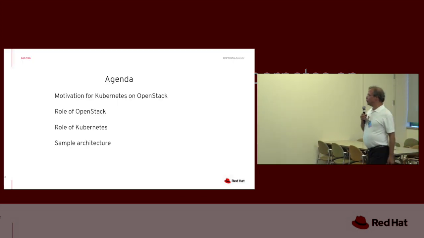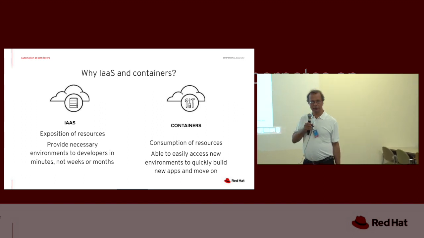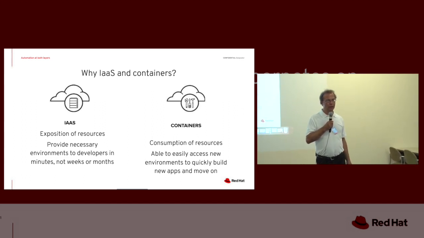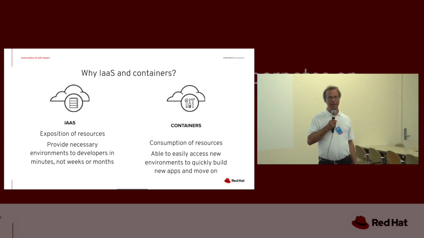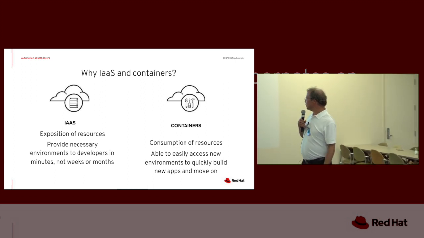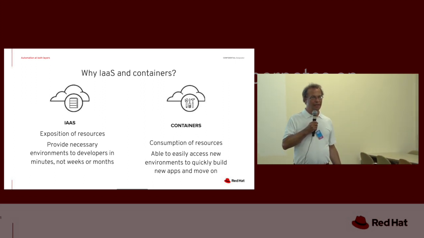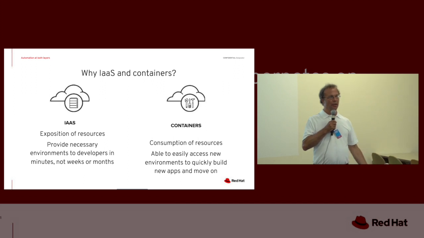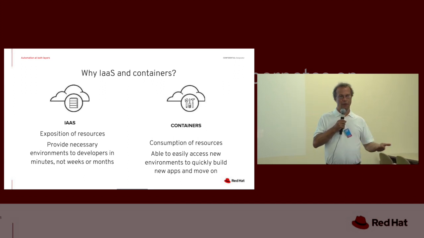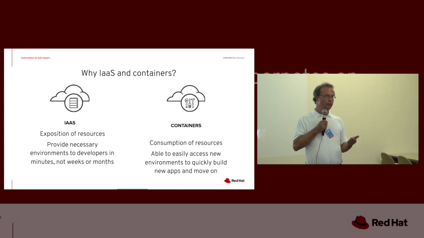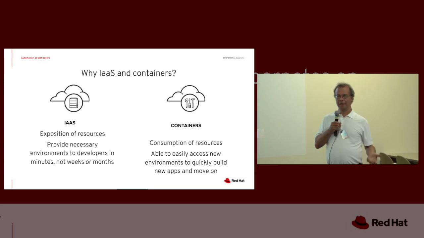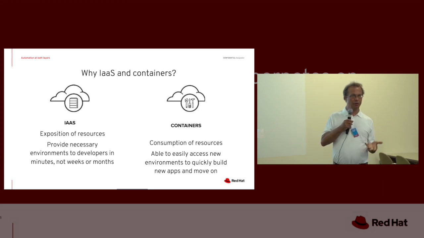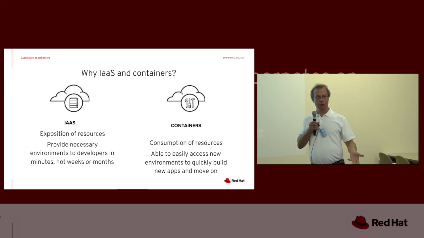Okay, so there are two parts to this. There is infrastructure as a service, which is OpenStack, and then there is Kubernetes orchestrating containers. So what does OpenStack do? It exposes the resources, and those resources are storage, compute, and networking, and the bare metal service.